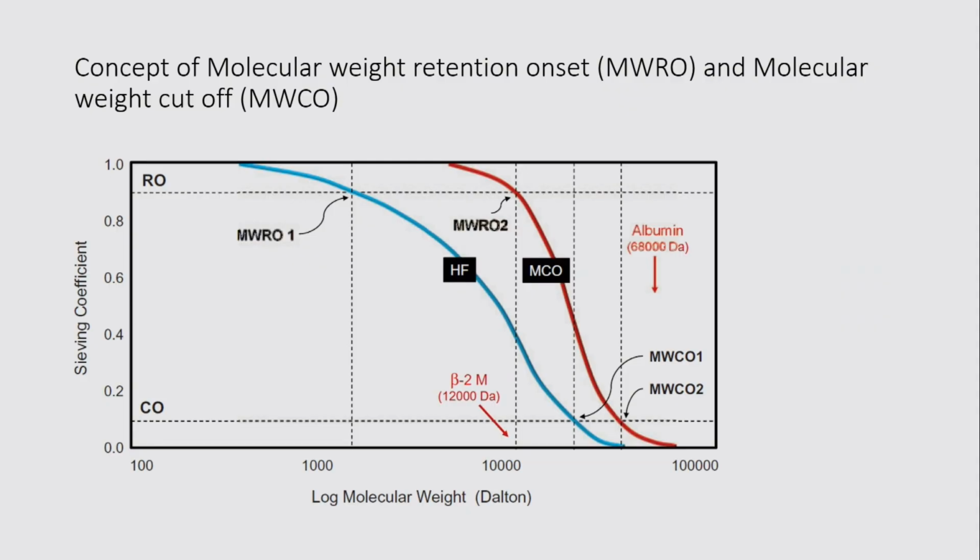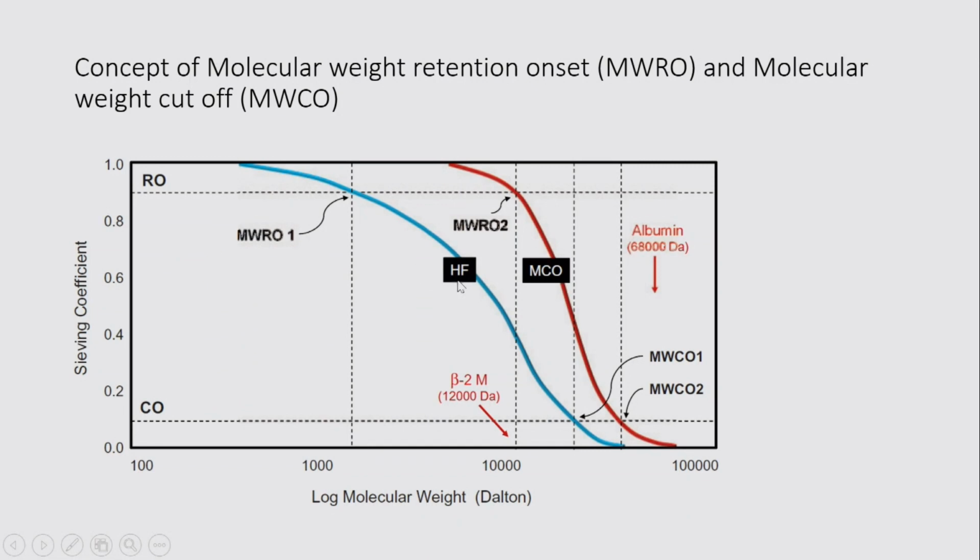So this particular graph shows, on the x-axis, the molecular weight of the substance, and on the y-axis, the sieving coefficient. So there are two lines here.